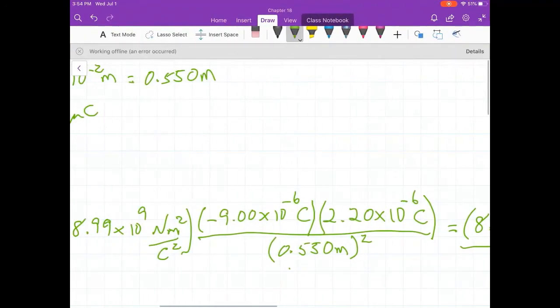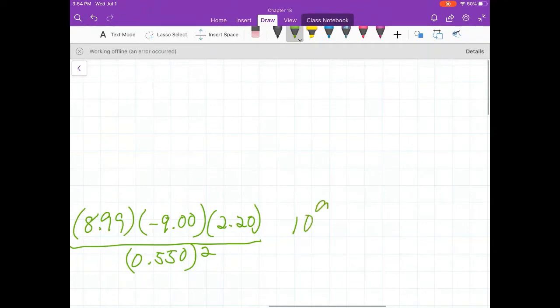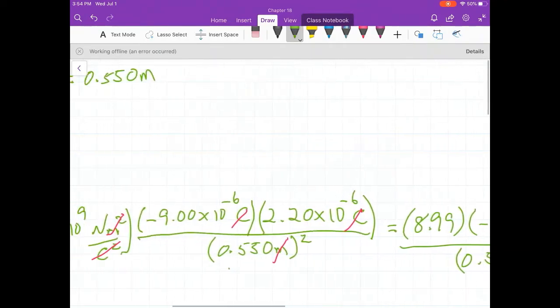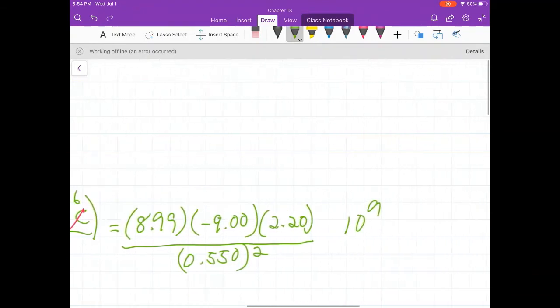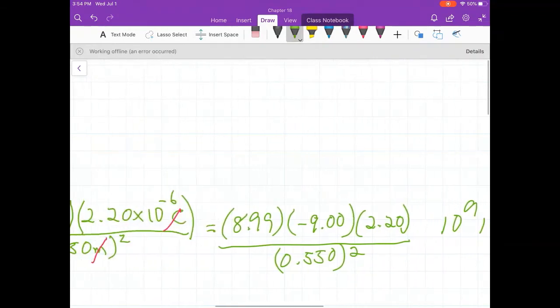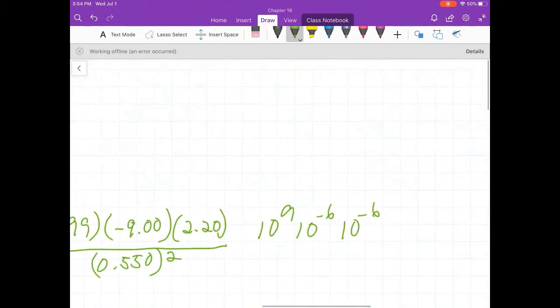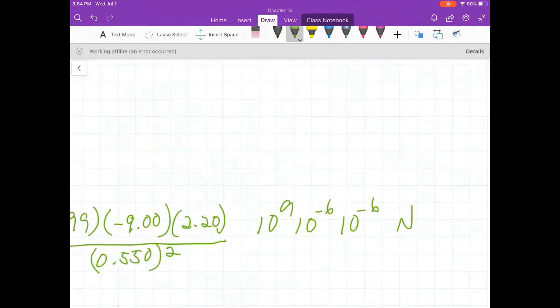Just to remind you of the units, meter squared cancels meter squared, coulomb times coulomb cancels coulomb squared. The answer will be newtons. Now for the powers of 10: there's a 10 to the 9, and for the microcoulombs we have 2 times 10 to the minus 6. We already converted the centimeters, so we don't have a power of 10 in the denominator. The unit will be newton.